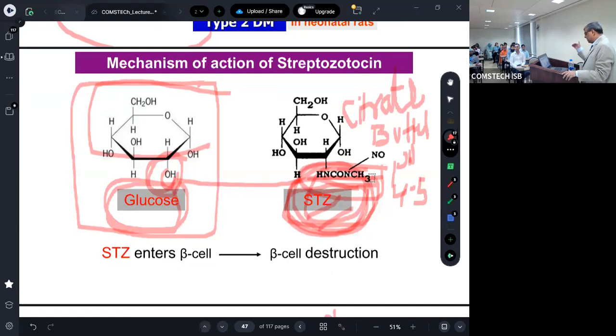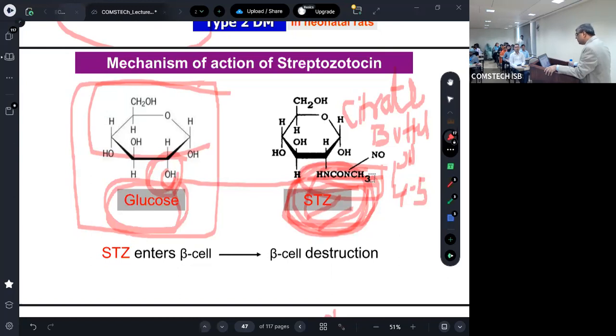Sometimes it takes 1 month, sometimes 15 days, sometimes 3 months. After 3 months, no diabetes. So this is the consideration you have to take into your brain, that these kinds of things should be considered to develop diabetes, to develop pre-diabetes. The success rate should be more than 80%, and the mortality rate should be less than 10% or 20%.